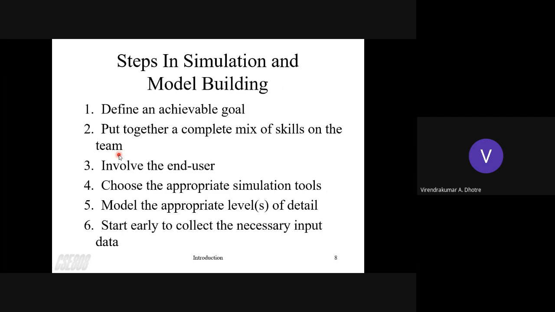First step is define an achievable goal. First we have to fix our target, and that should be achievable. If I say I will land on the sun, it's not possible. Maybe in future it is possible, but right now it's not. Yes, we can land on the moon, right? People have visited the moon, gone and come back.